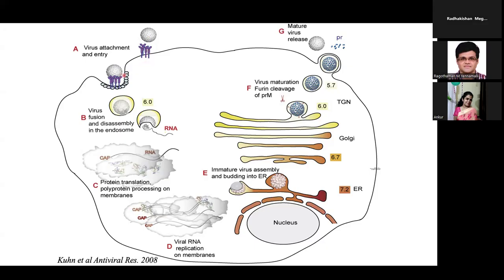And what happens is that once the host receptor is bound, the host receptor proteins will take the virus inside the cell. And this is where the endosome, this particular organelle which you see in yellow, is endosome.